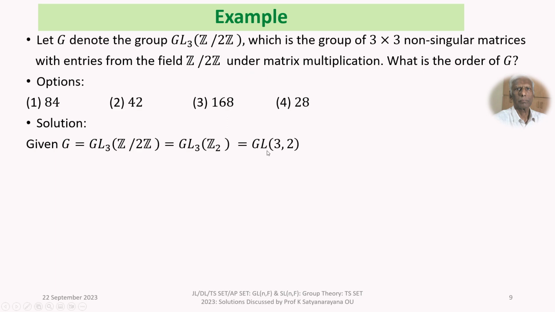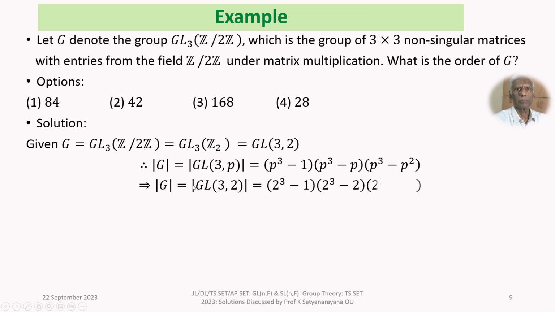This is the same as GL(3,2). Now, the order of G is equal to the order of GL(3,p), and the formula is (p^3 - 1)(p^3 - p)(p^3 - p^2). Putting p as 2, the order of G is the order of GL(3,2), which is (2^3 - 1)(2^3 - 2)(2^3 - 2^2), that is 7 times 6 times 4, which is 168. The answer is option 3.